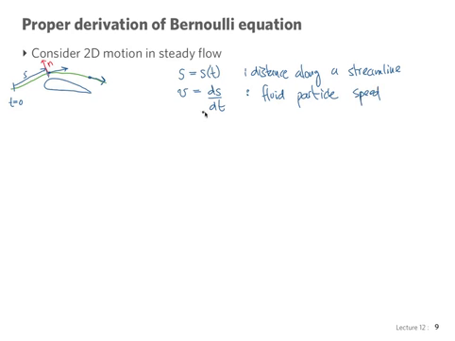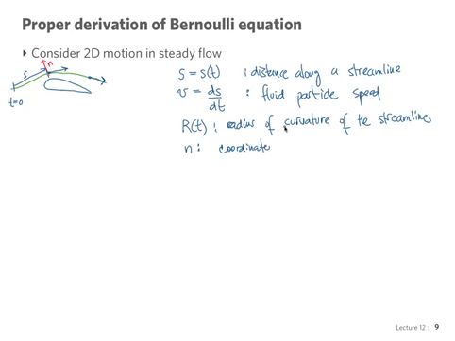Let's consider, in addition, some sort of radius, because this is a curved streamline. So let's consider the radius of curvature of the streamline. And finally, n is our coordinate in the normal direction to the streamline.